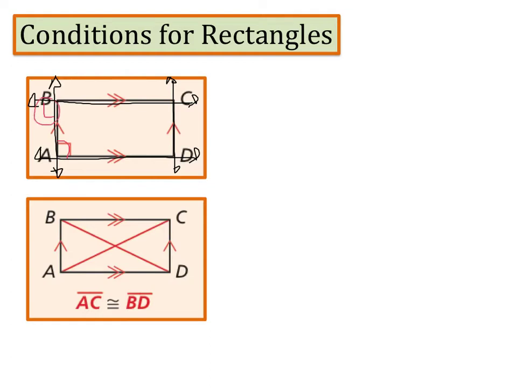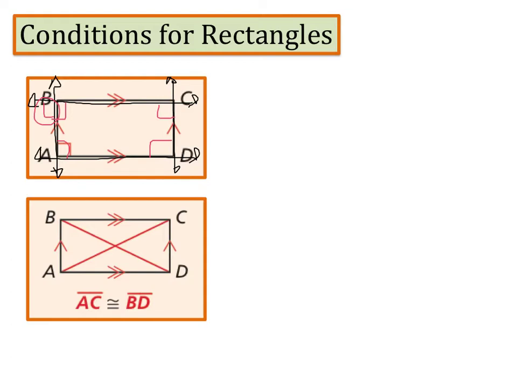Now, if this is 90 degrees, this is a corresponding angle, and that's 90 degrees. And then these would be same side interior, and they have to add up to 180. So therefore, you have four right angles.